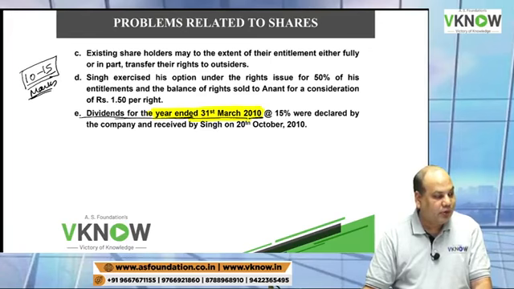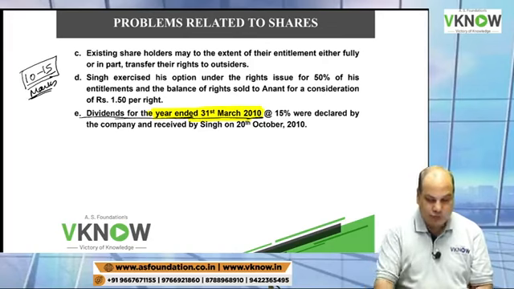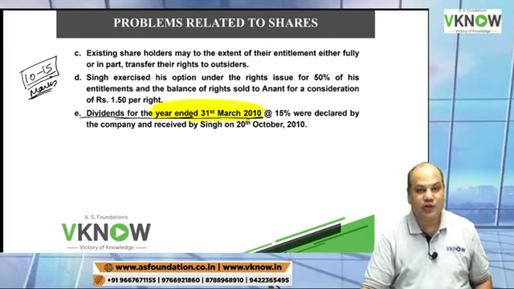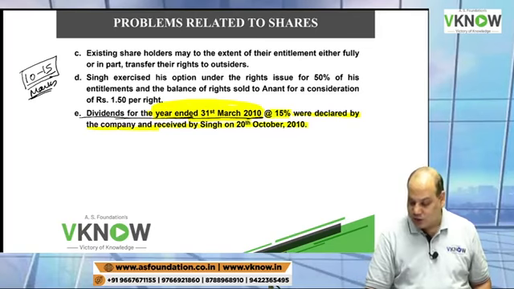That means previous year. And what is our accounting year? Our accounting year is starting from 1st April 2010. So dividend is for previous year. Dividend at 15% was declared by the company and received by Singh on 20th October.